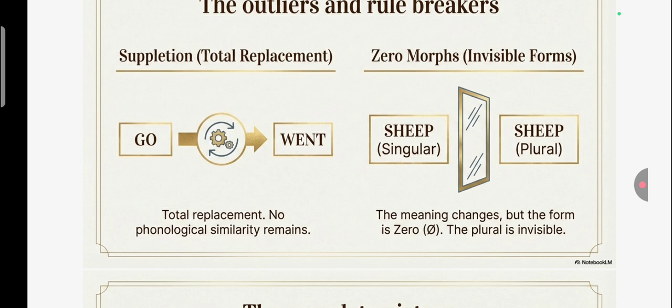For example, the singular word for sheep is sheep and the plural is also sheep. Both singular and plural forms look exactly the same. The plural meaning exists, but there is no separate visible marker like S or pronunciation difference. That invisible marker is called a zero morph.